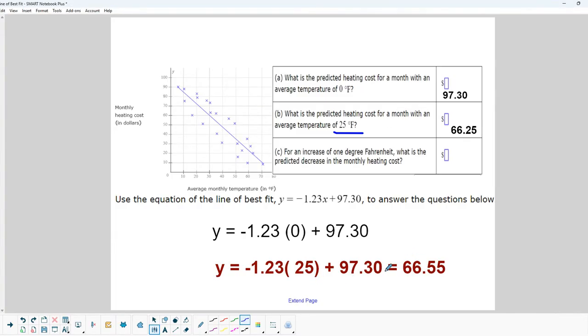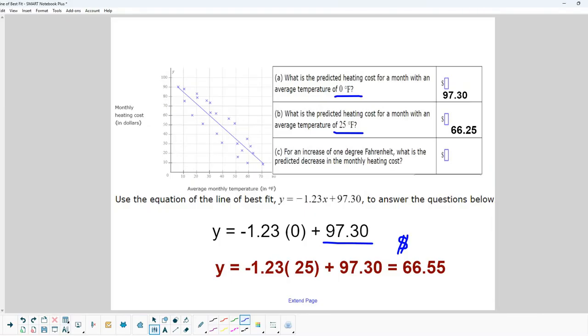And so if we did that, the cost to heat the house would be $66.55. So quite a bit less than what it would cost for a much colder time when the temperature is 0 degrees Fahrenheit, which is really cold.